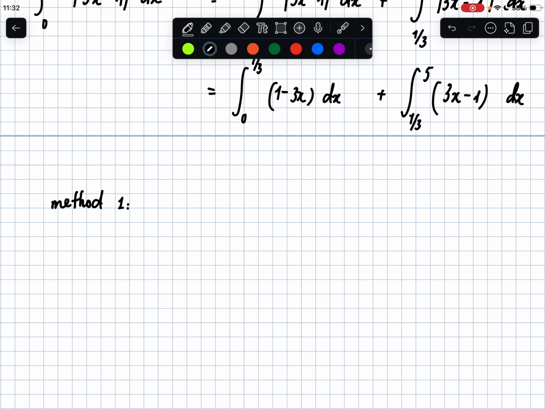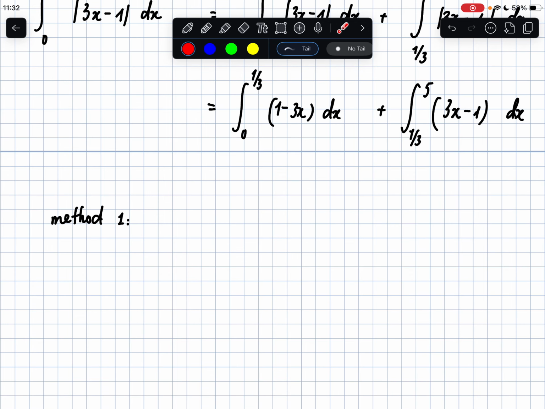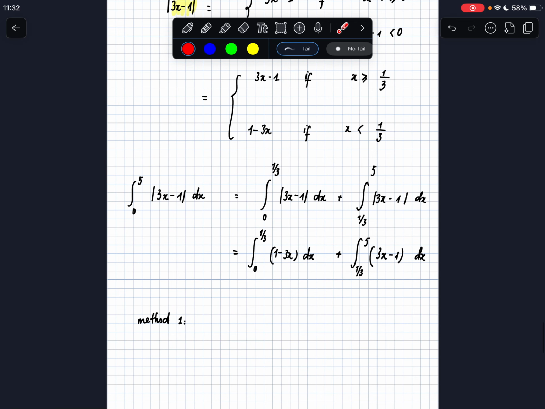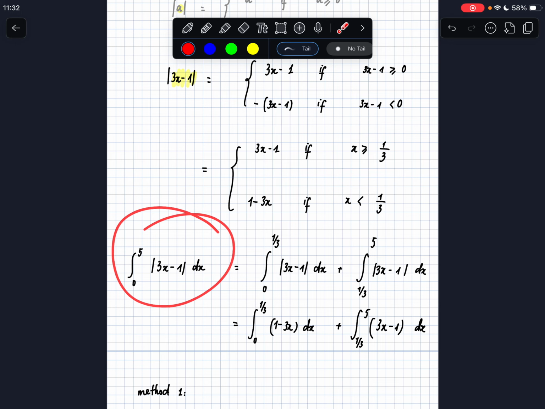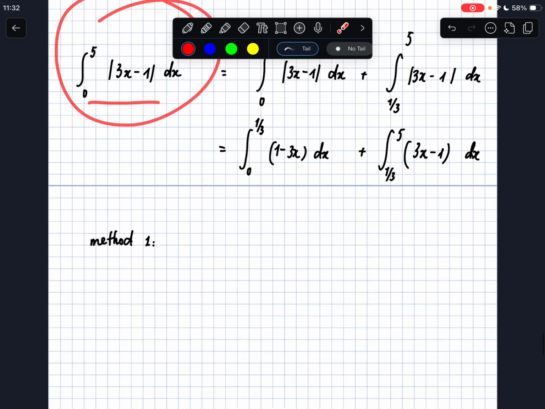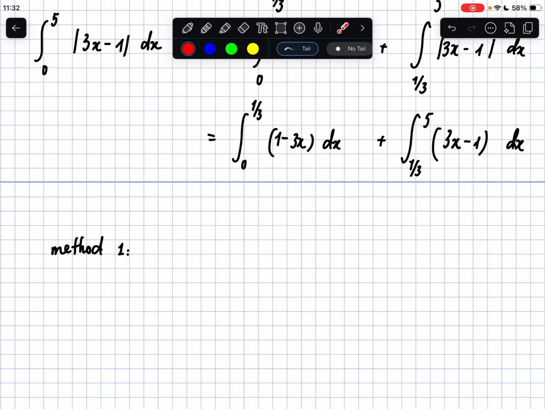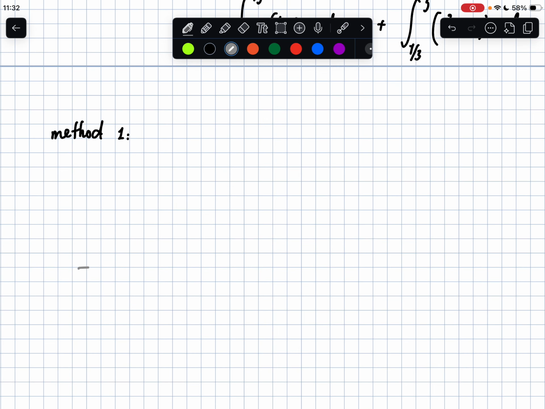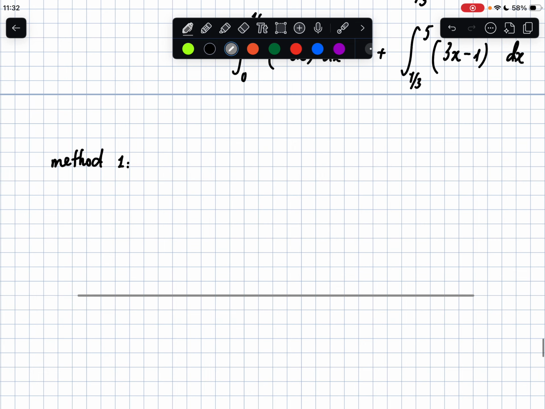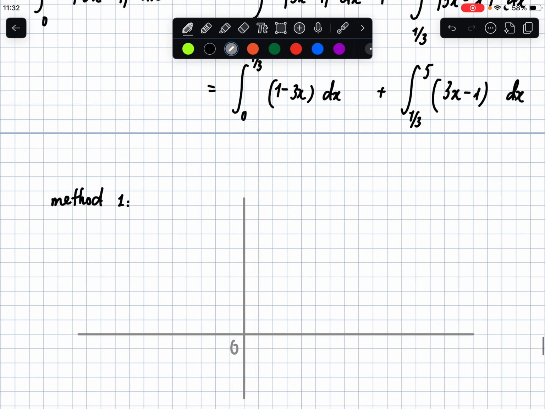So what we have is, either way it is the absolute value, right? It's all above the x-axis. So this is the area under this curve. If we sketch the graph, x from 0 to 1/3 and 1/3 to 5, 1/3, and let's say 5 is here, x and y.